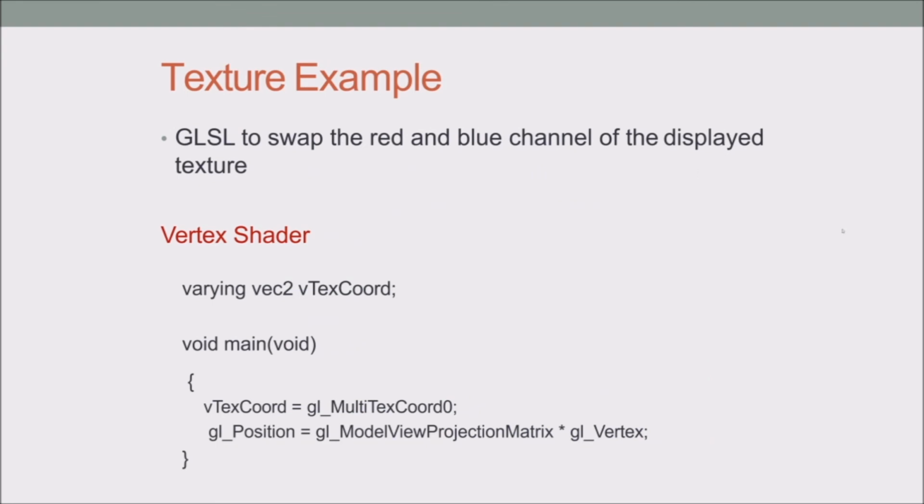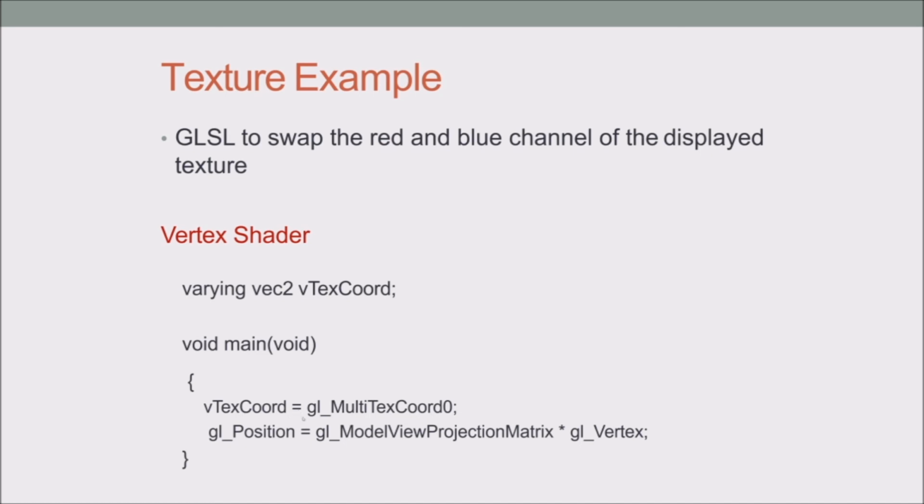Here it is. So what I'm going to do is change the texture color. First thing you want to do is pass my texture code from my vertex shader to the fragment shader. Whatever I have for the current object that I'm handling, the texture code for that will be on multi-texture code 0 in this case.